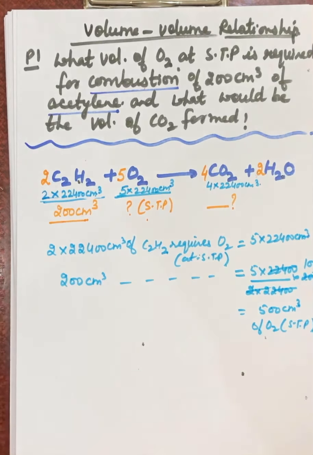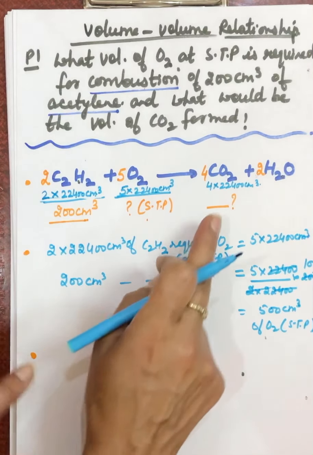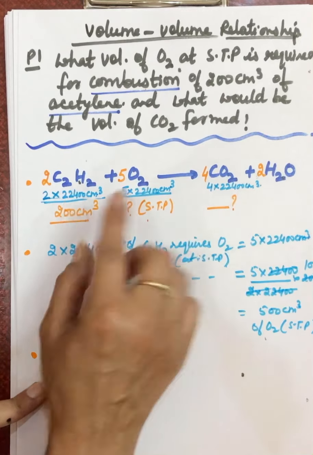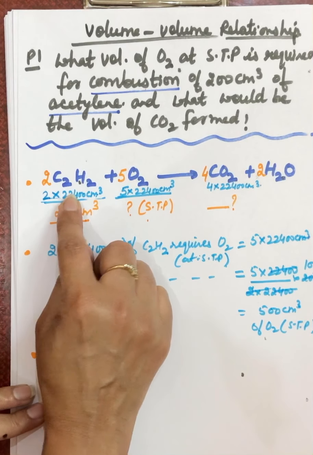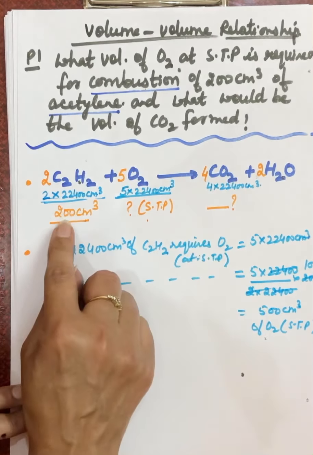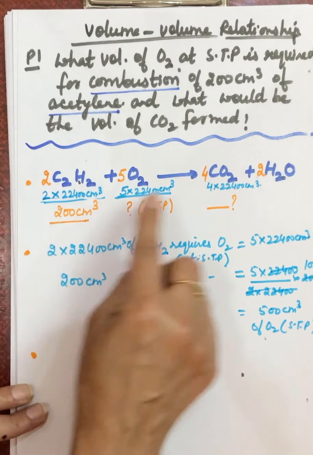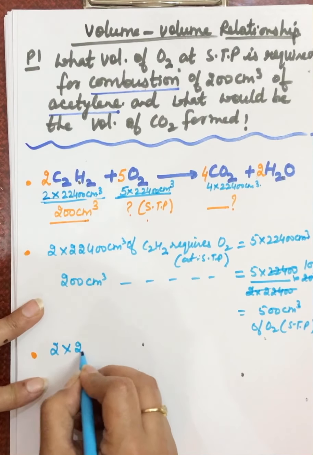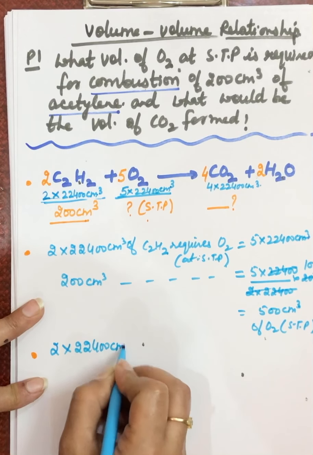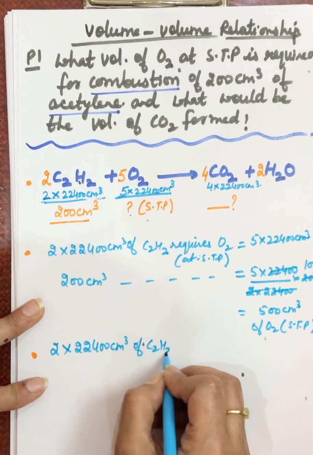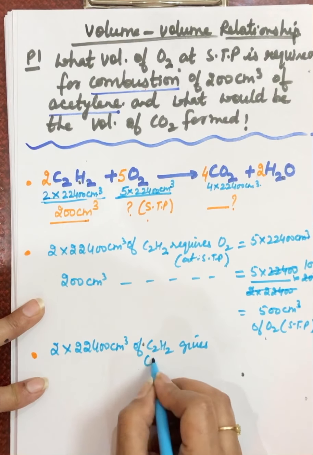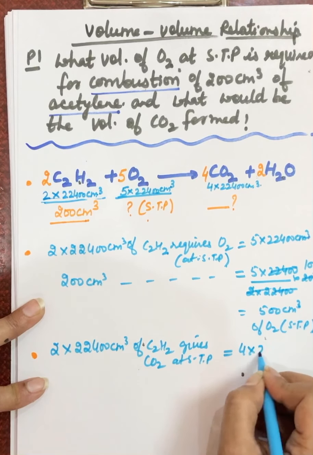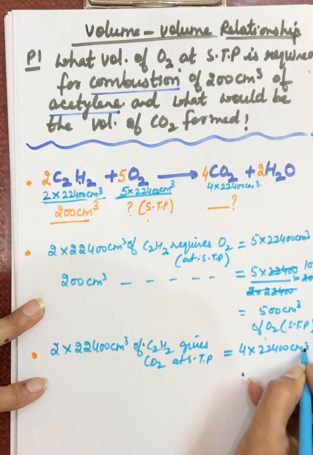Coming to the second part now. We also have to find out the volume of CO2 formed here. Now we will relate these two. This much volume of acetylene gives this much volume of CO2, and 200 centimeter cube of acetylene will give how much volume of CO2. So 2 into 22400 centimeter cube of C2H2 gives CO2 at STP conditions 4 into 22400 centimeter cube.